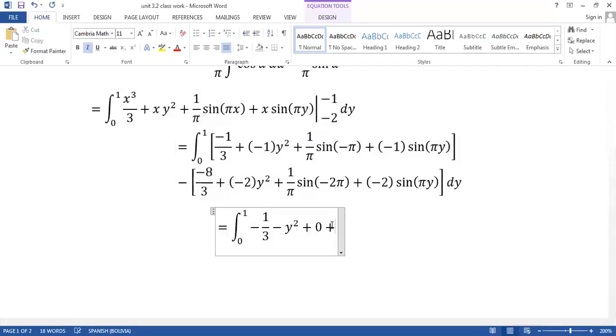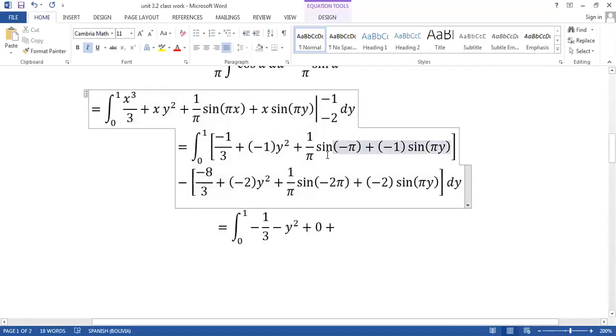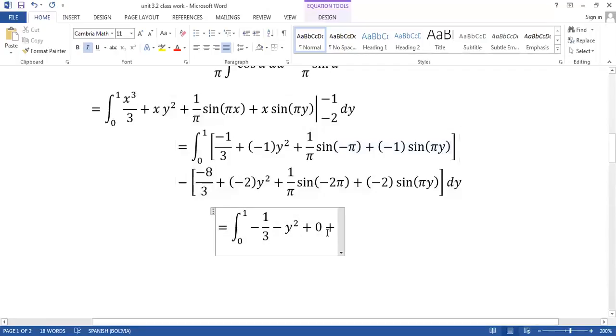Plus. Explain when we finish. This part here, let's work this out. This negative is going to turn that positive into a negative, right?